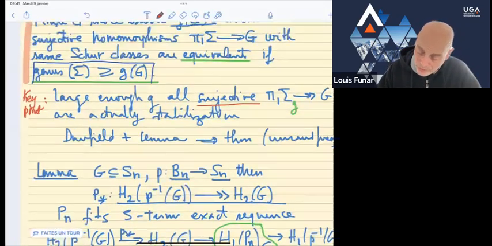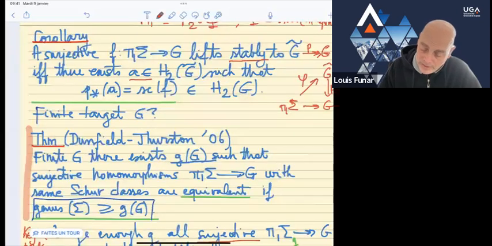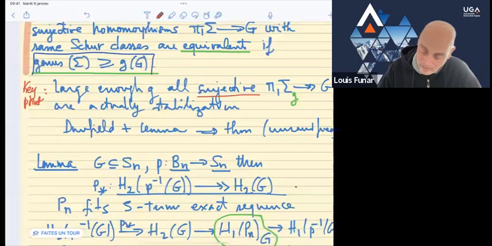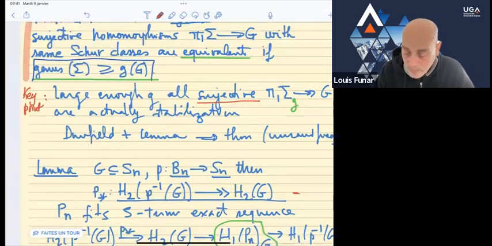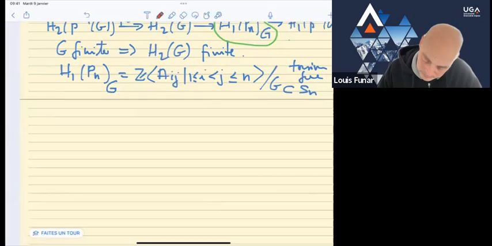So once you have this lemma, you use the corollary, saying that it lifts stably if and only if you have some diagram up here, you have the surjectivity at the level of second homology. So that means that, maybe I explain it here.